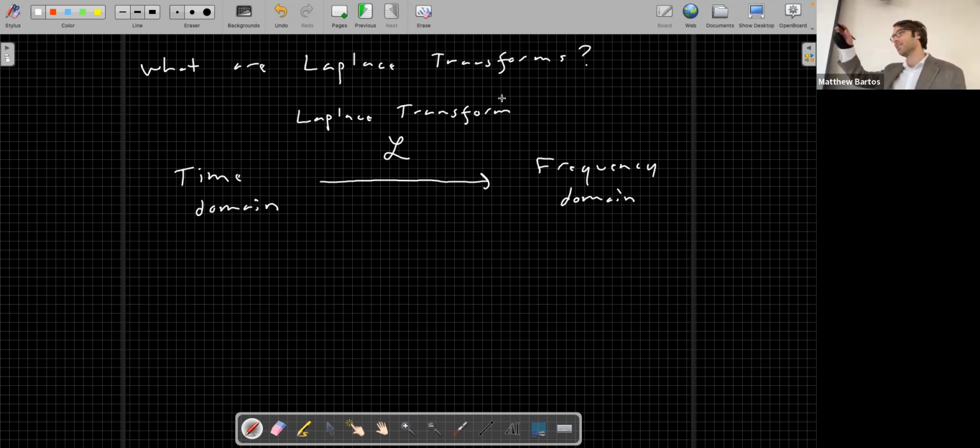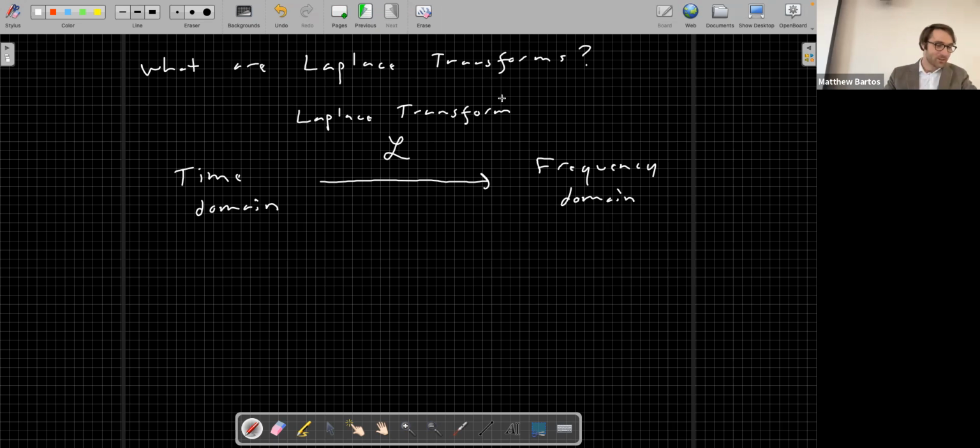Think about, if you have a function that's growing over time, how could you represent that with this infinite series of sines and cosines? You can't, because they all have a constant magnitude on average.